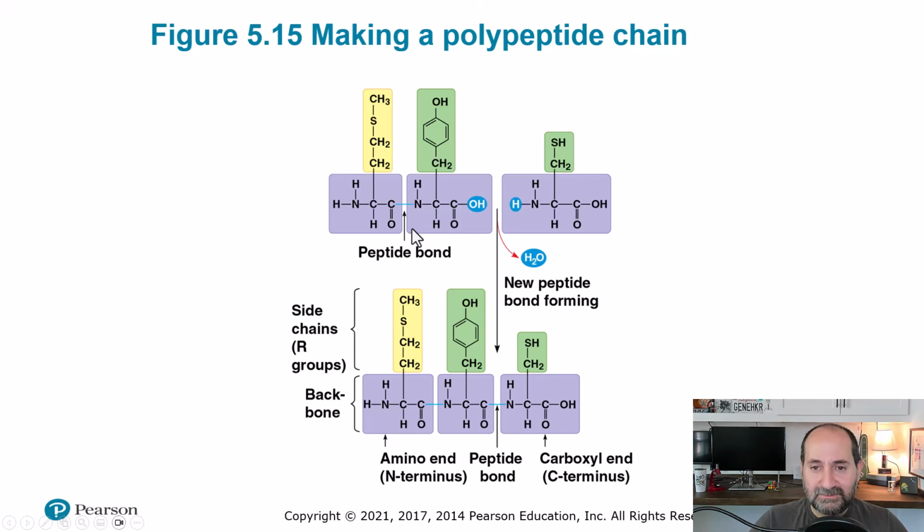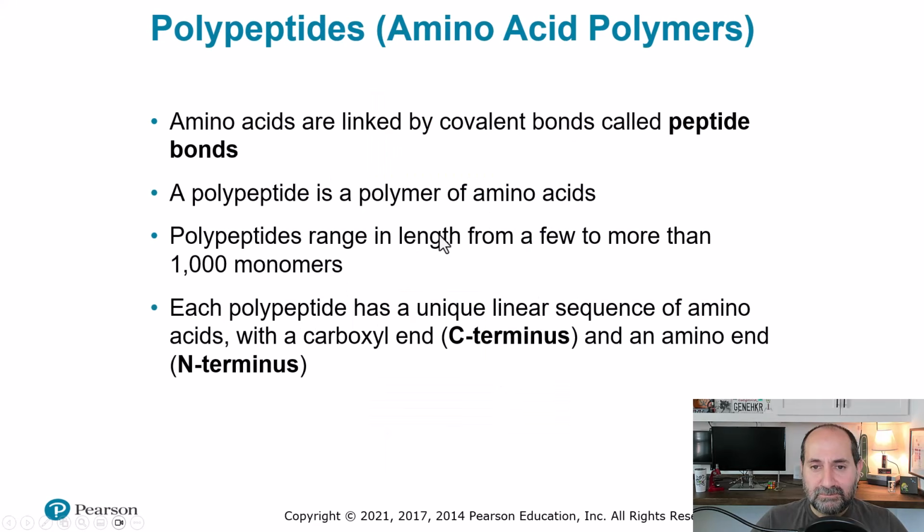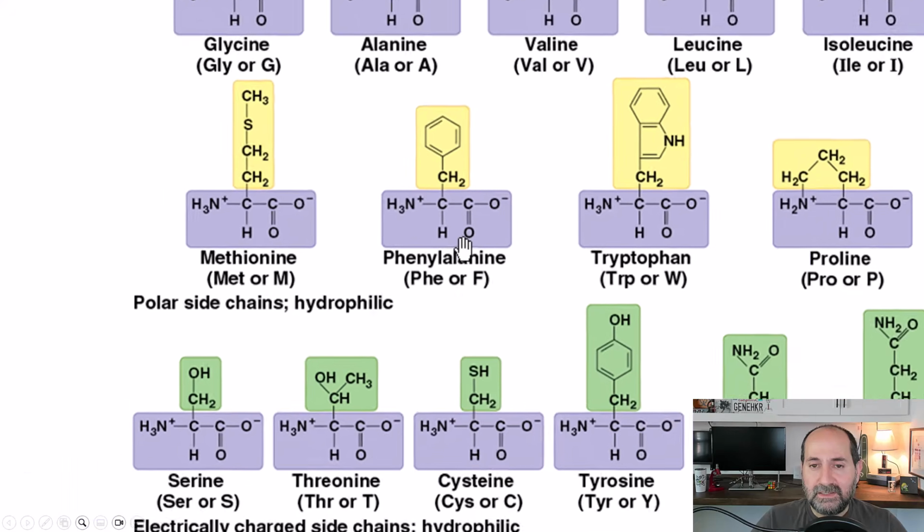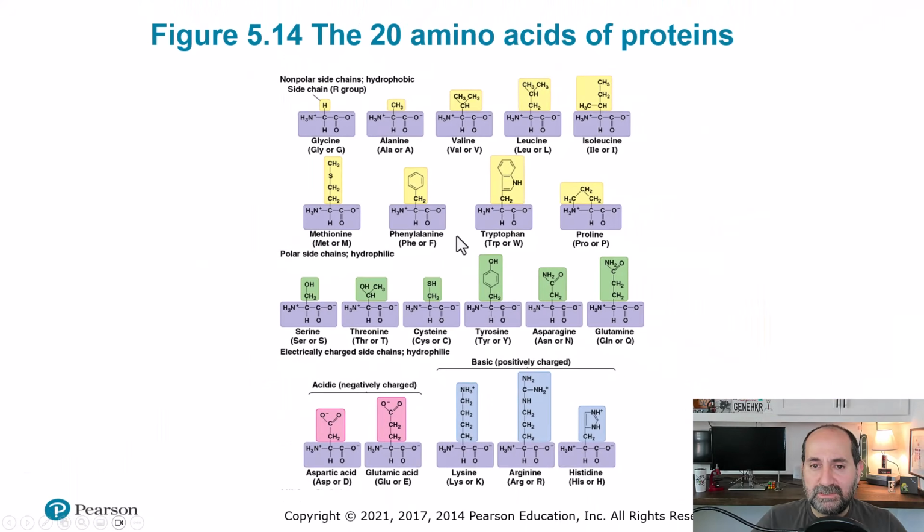Now, let me show you something else. Do you remember what I showed you here? Every amino acid has an amino group and a carboxyl group here on the backbone, right? Now look at this. I want you to pay attention here.